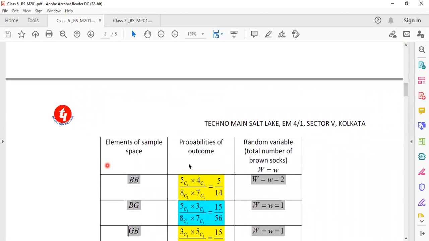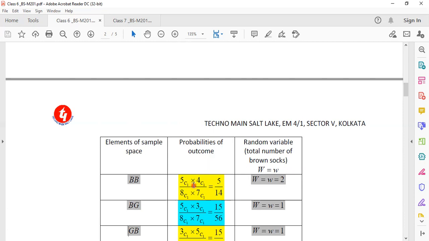Now we are supposed to calculate the probabilities of the scenarios. If the two socks are brown, you see, once a particular sock is drawn, it is not replaced. So the probability that the first drawn sock is brown is 5/8.